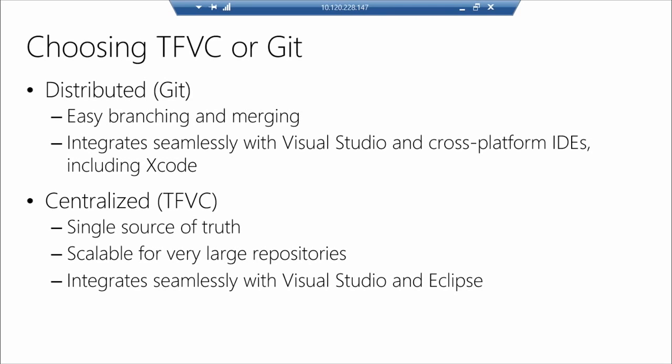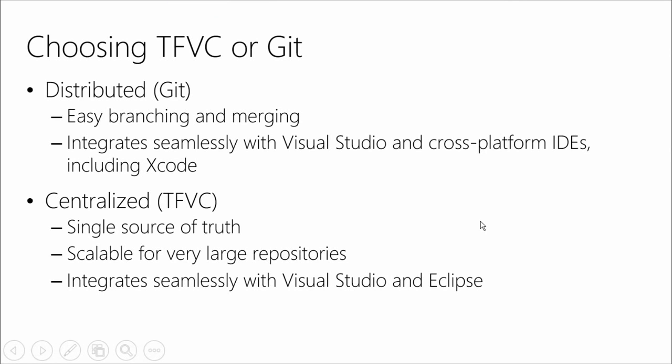The branching and merging occurs locally, is extraordinarily lightweight, and integrates seamlessly with things like Visual Studio, as well as lots of cross-platform IDEs. So if you happen to be using something like Xcode, for instance, or any IDE that supports Git, you can use Visual Studio Online with Git.